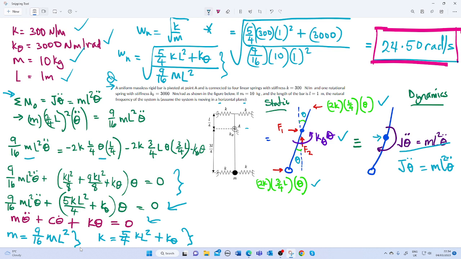Once again, our calculated natural frequency for the whole system given here becomes 24.50 radian per second. Thank you very much.